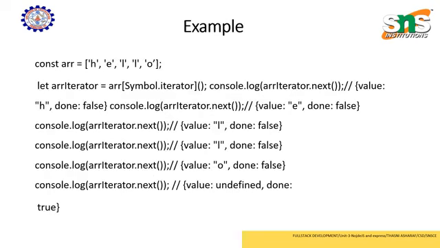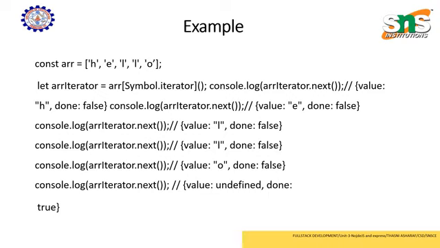We will see an example. For example, const array equal to the string hello. Let iterator equal to array[Symbol.iterator](), and console.log the iterator's next call. The value will be the h's value, and the done will be false.